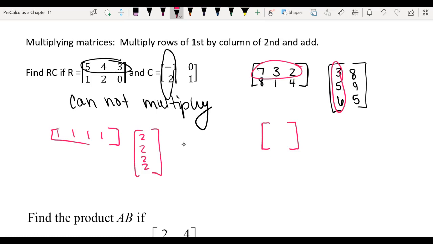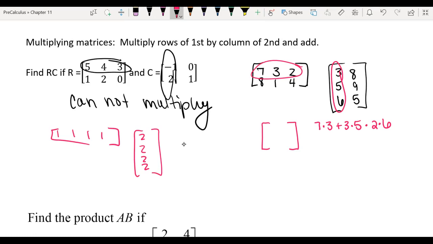Okay. So then, when you're multiplying, you multiply the numbers that correspond, and then you add together all of them.